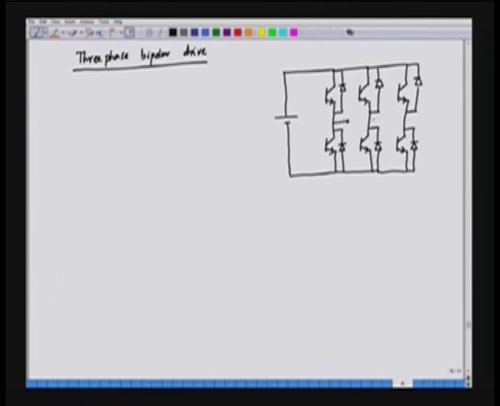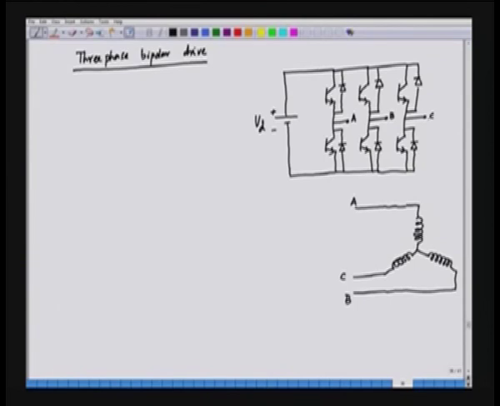So, we have 3 terminals which are coming out, and in this case are connected to phase A, phase B and phase C of the motor. This is the DC voltage, and the motor has 3 windings, phase A, phase B and phase C. So, the ABC terminals of the windings are connected to the ABC terminals of the inverter.